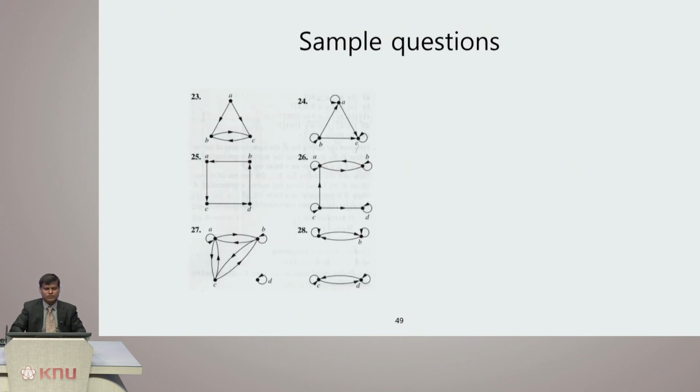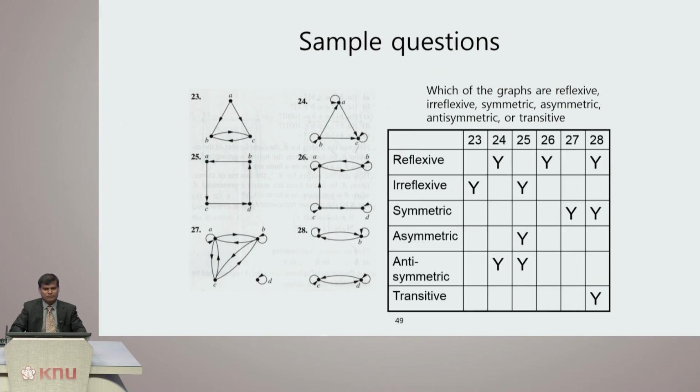Here are sample questions for which you can think of the different relationships that these given graphs have. That's for your examination. Think for a moment, as an exercise for you, about what relationship these graphs represent.